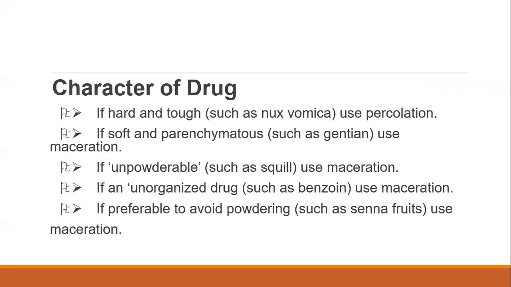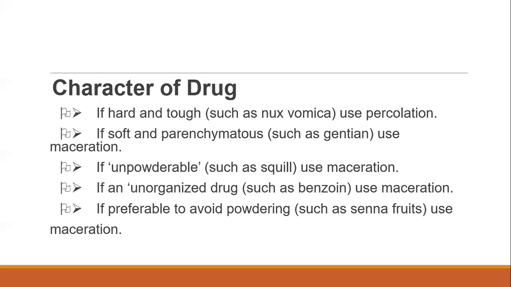Now, how is it related? Character of the drug. If the drug is tough and hard, like nux vomica, which is very hard, then we usually use the method of percolation.